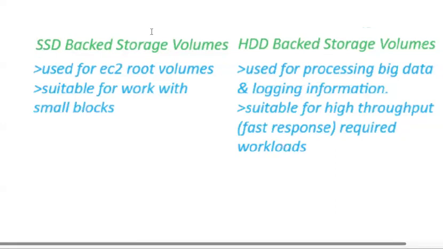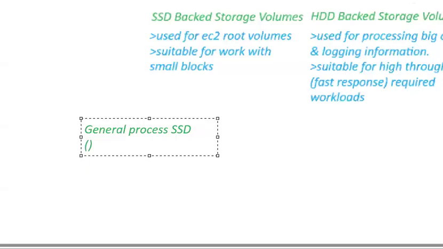Based on need, these volume types are broken down further. The SSD backed storage volume is broken down into two types, and the HDD backed storage volume is also broken down into two types. The first type under SSD backed storage volumes is general purpose SSD. Under this, we have two volume types, GP2 and GP3.